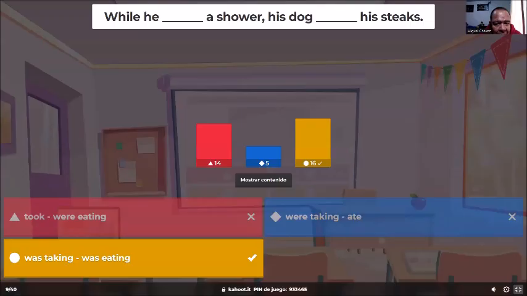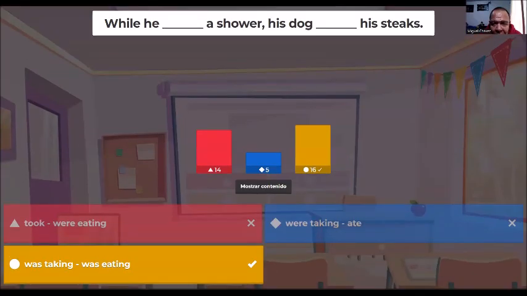While he was taking a shower, his dog was eating his sticks. Two actions are taking place at the same time.